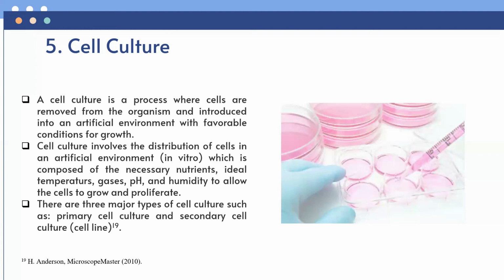Primary cell culture is the removal of pieces or biopsy from tissue or organ in aseptic condition and then obtaining cells via mechanical, chemical, or enzymatic digestion from this biopsy.